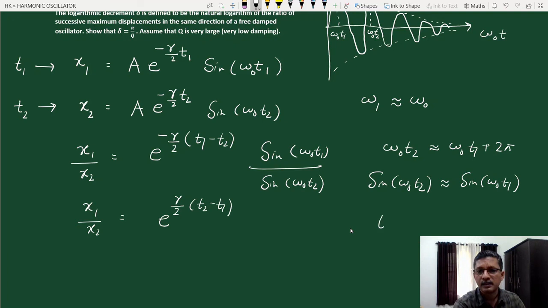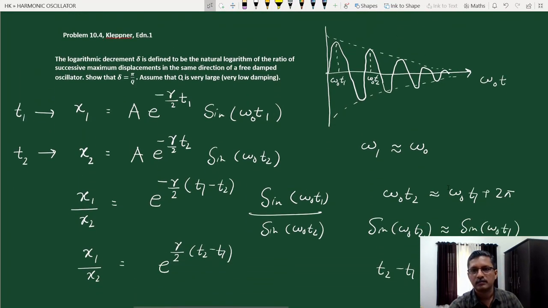And this t2 minus t1 is approximately the time period of the undamped oscillator. t1 is the time at which it peaks here, and t2 is the time at which it again peaks. So the time interval between two successive peaks is the time period.